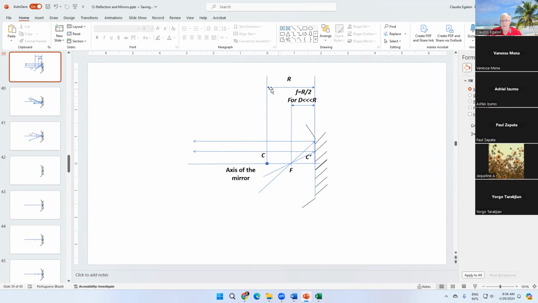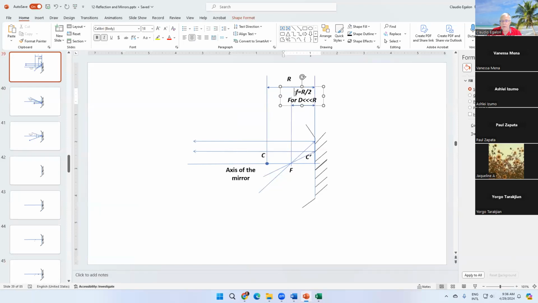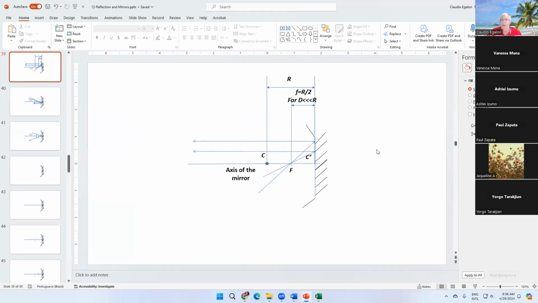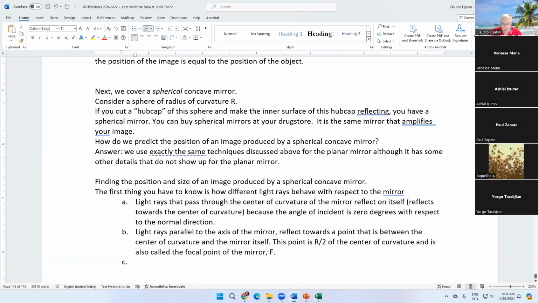Here you go, radius of curvature R, focal point, and then what you have here is the focal distance. This point is R divided by 2.